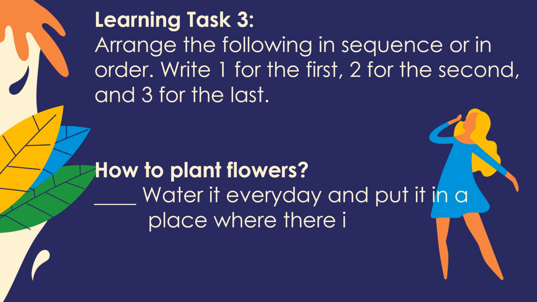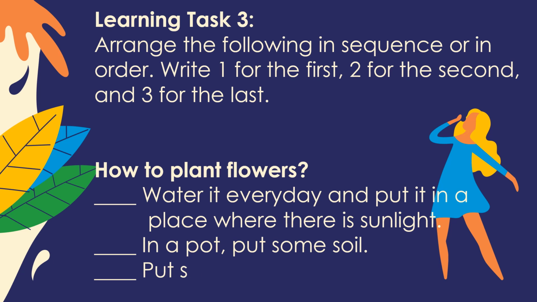How to plant flowers. Water it every day and put it in a place where there is sunlight. In a pot, put some soil. Put some flower seeds. So, ang gagawin natin dito ay lalagyan natin ng mga 1, 2, and 3 ang mga paraan kung paano ang tamang pagtanim ng flowers.